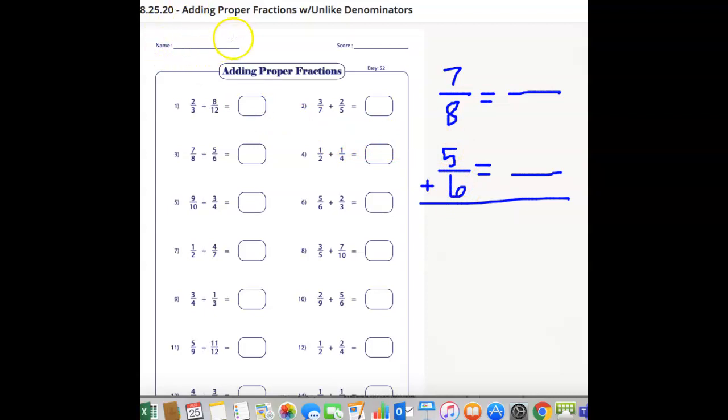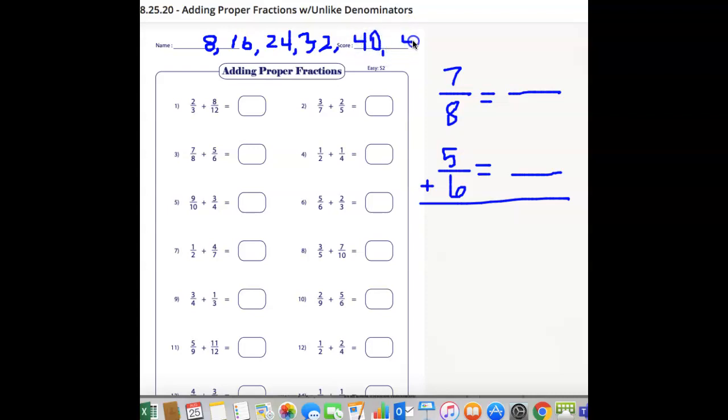And multiples is just you're multiplying 8 times 1, 8 times 2, 8 times 3, 8 times 4. You're skip counting. 8 times 5 is 40, and 8 times 6.